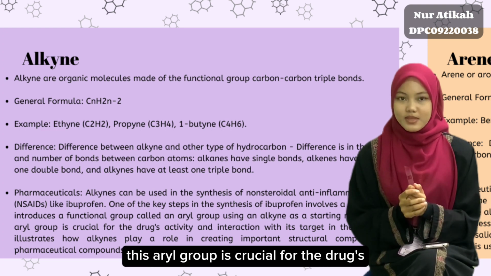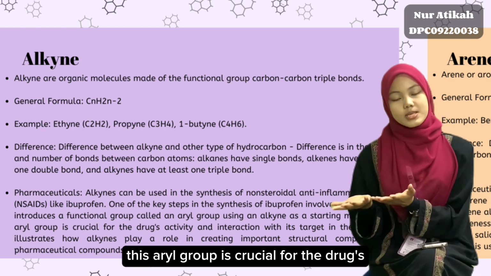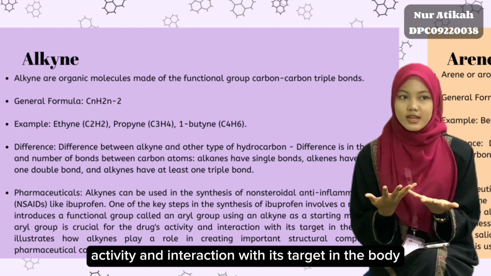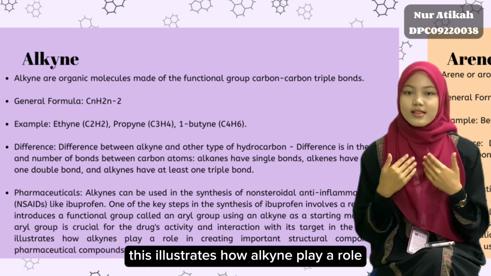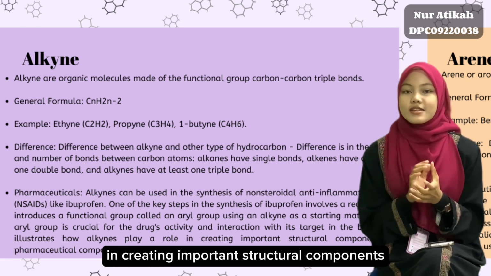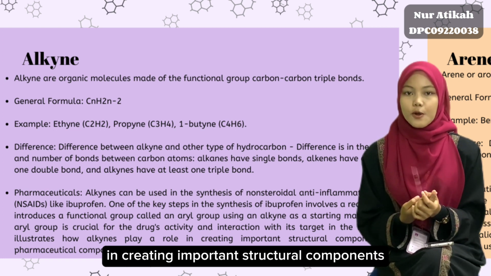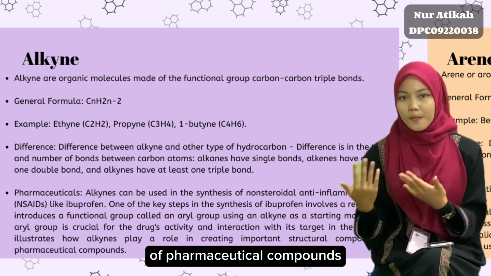This aryl group is crucial for the drug's activity and interaction with its target in the body. This illustrates how alkynes play a role in creating important structural components of pharmaceutical compounds.